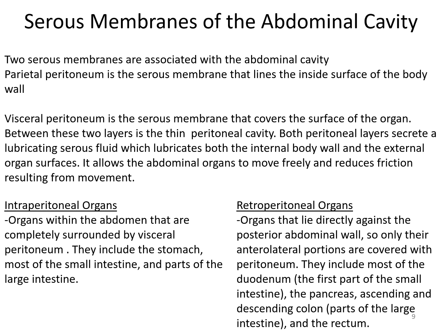All of those lie more towards the posterior wall of the abdominal surface, so the visceral peritoneum only covers the anterolateral, or the front and the sides of it. So the back portion is bare of that visceral peritoneum.